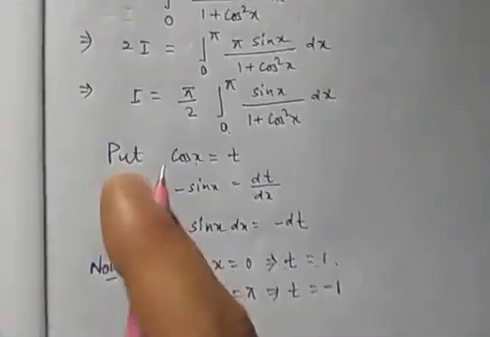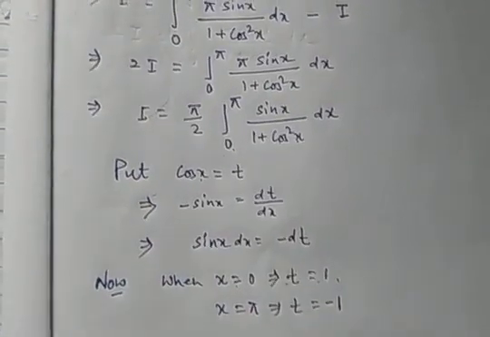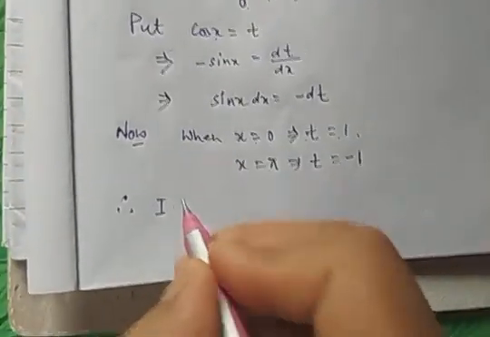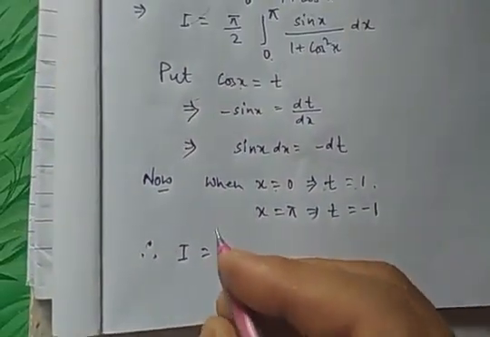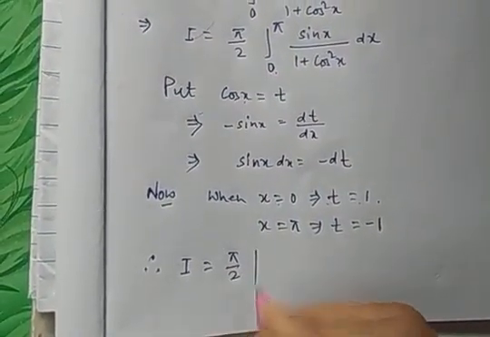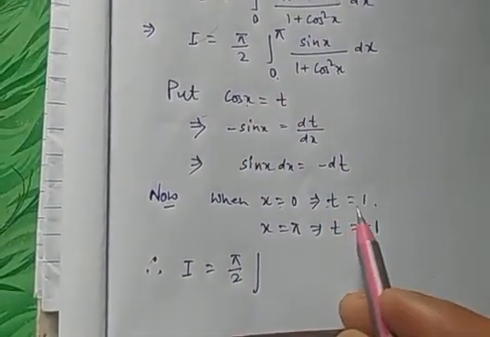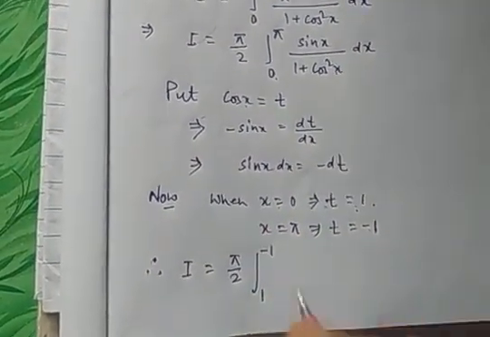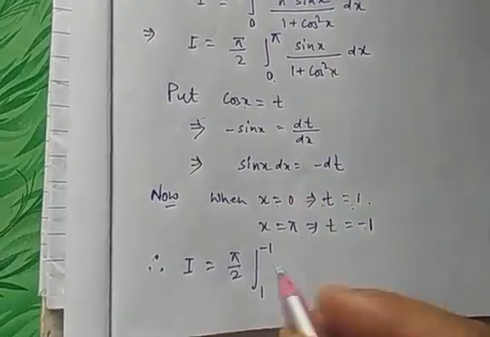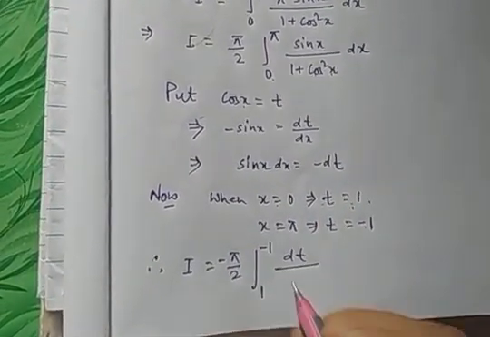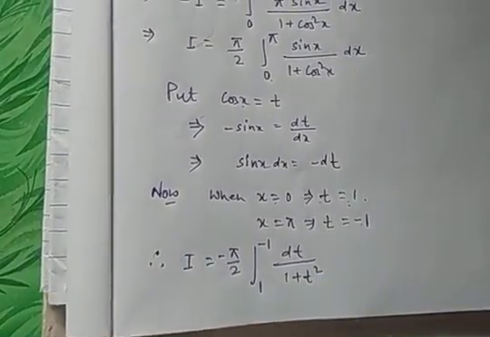Okay, now finally we can write therefore I equal to pi by 2 integration from 1 to minus 1, sin x dx is equal to minus dt, so minus pi by 2 and dt upon 1 plus t square.